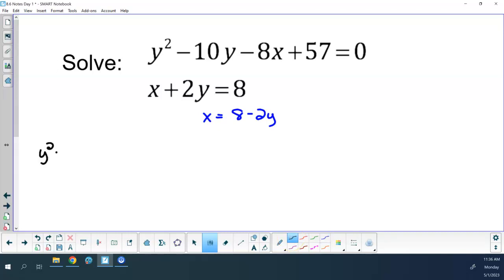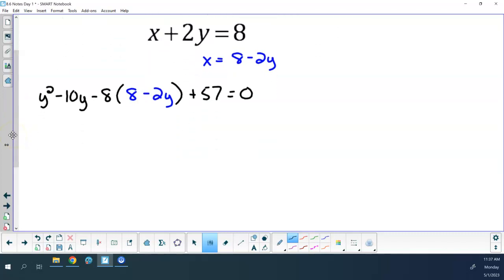The other equation was y squared minus 10y minus 8x, but x is now 8 minus 2y, plus 57 equals 0. So that's going to be y squared minus 10y minus 64 plus 16y plus 57 equals 0.